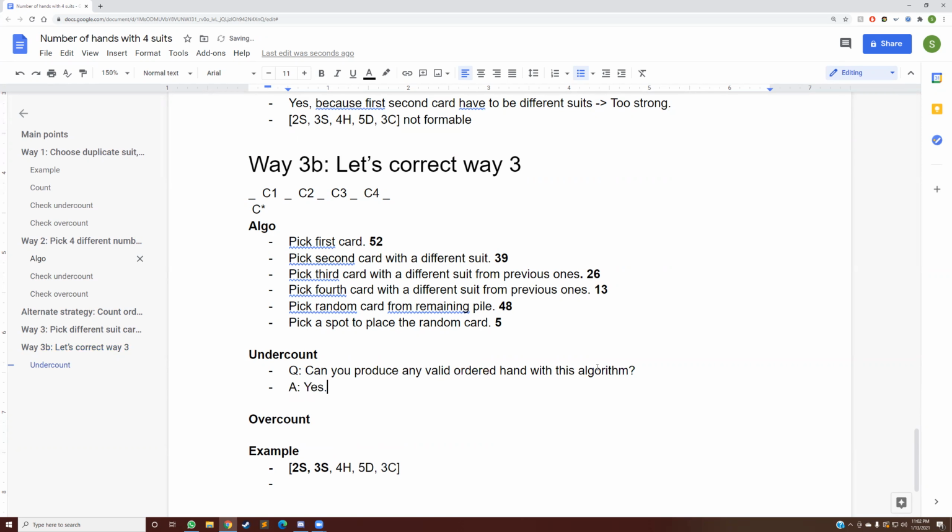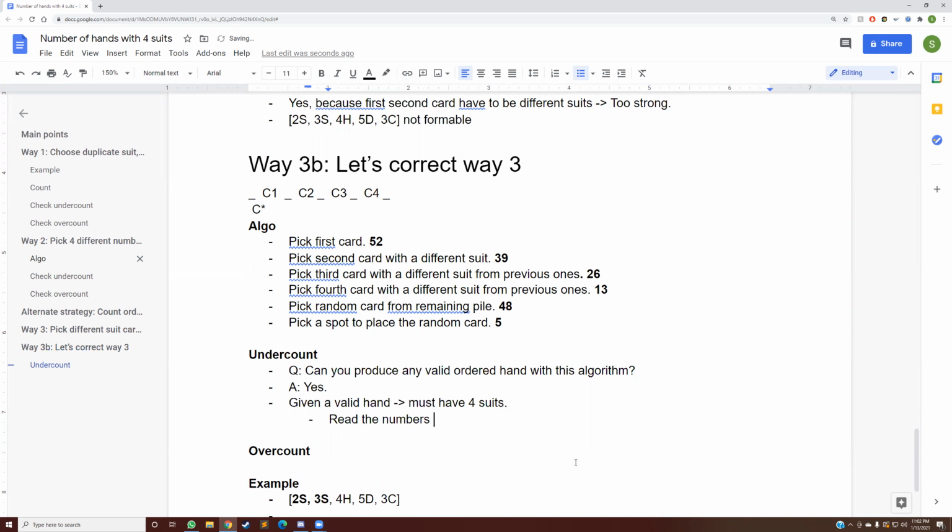But you don't know how to prove it, right? I'll give a sample proof. Given a valid hand, you must have at least 4 suits. I just read the numbers from left to right, and then I ignore a number for a suit that I already have a number for.